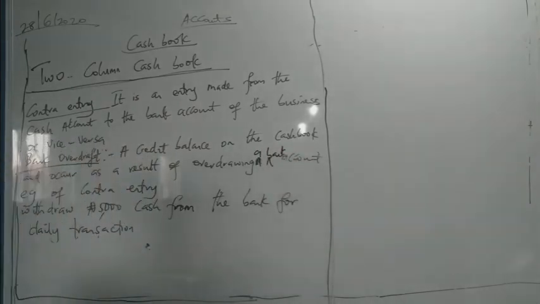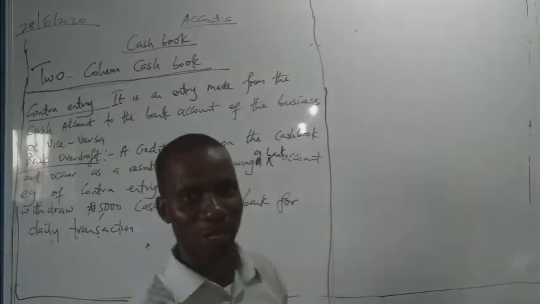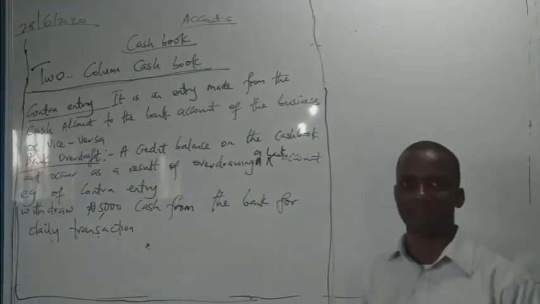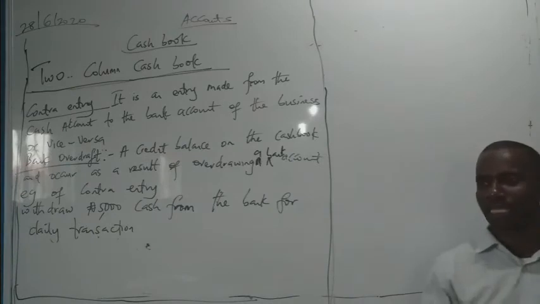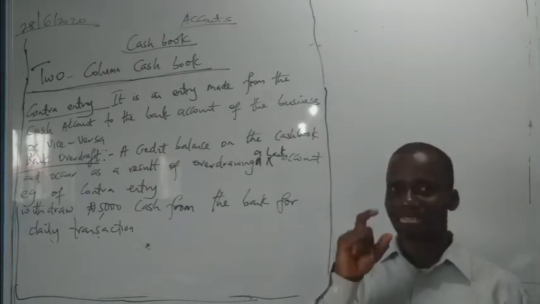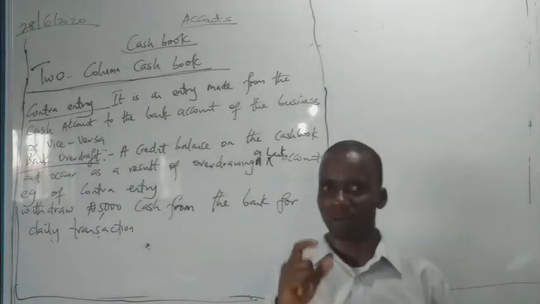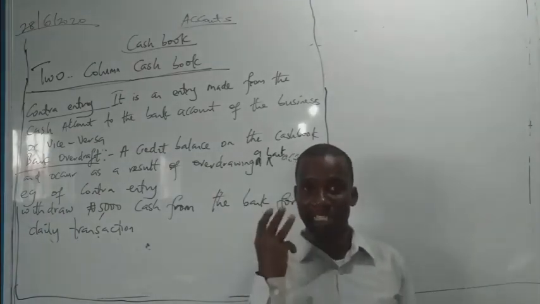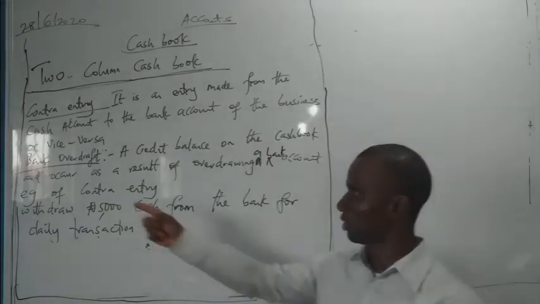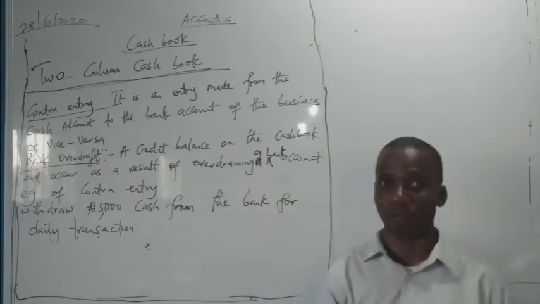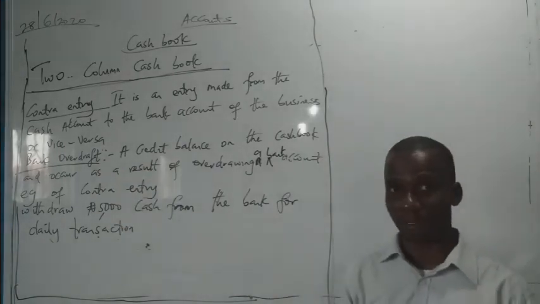That means, for instance, if you have 5,000 naira in your bank account, but you withdrew, or the bank allowed you to withdraw, let's say 8,000 naira, that excess amount, which is 8,000 minus 5,000, which is 3,000, is what is known as bank overdraft. Have you gotten that?